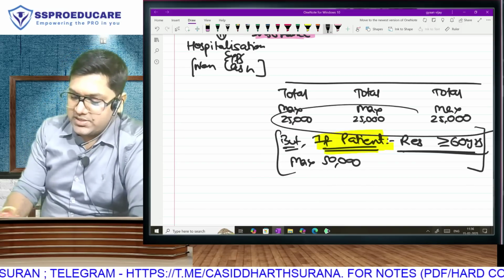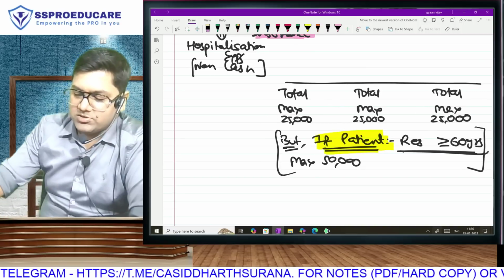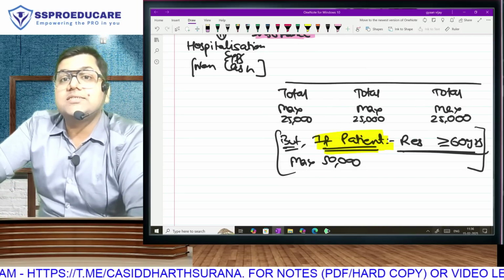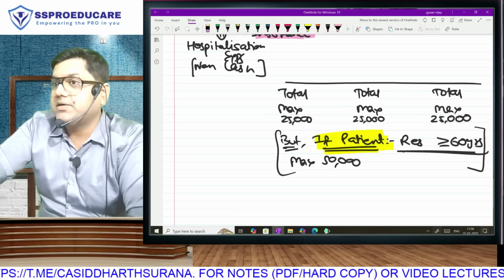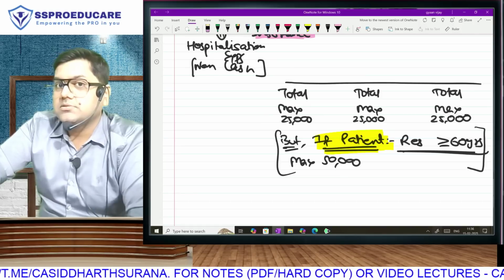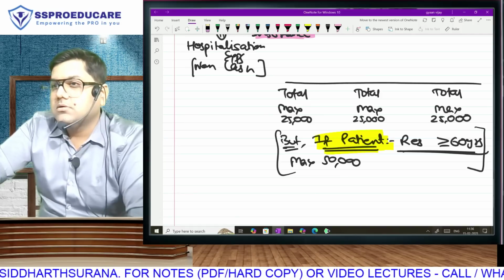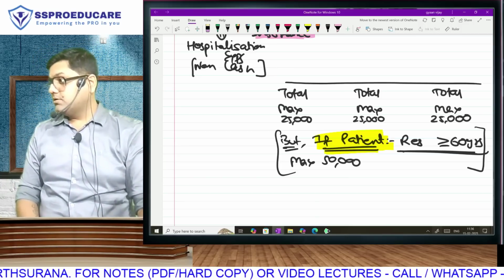Whether this or this, the maximum 25 will change to maximum 50,000. If your patient is resident senior citizen, then the maximum limit is going to change. Is that clear? If you have little presence of mind, so you will realize one thing.